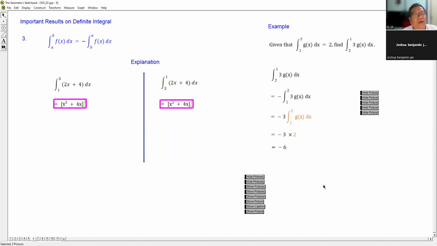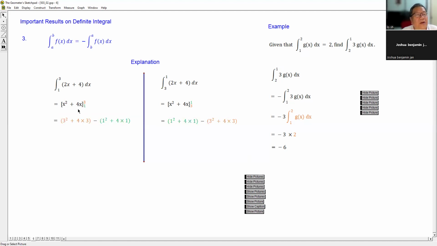So we integrate: 2x becomes x squared, 4 becomes 4x. This side is also the same, except this is 3, 1 and this is 1, 3. So far okay? You know what I'm trying to point out, the upper and lower limit, right?